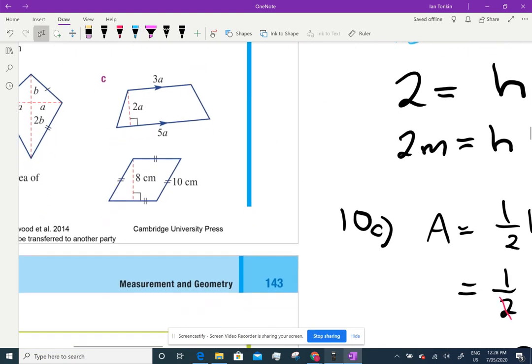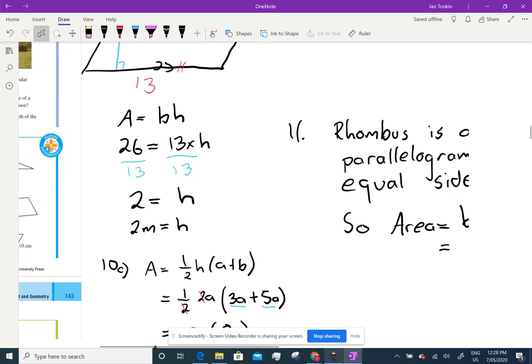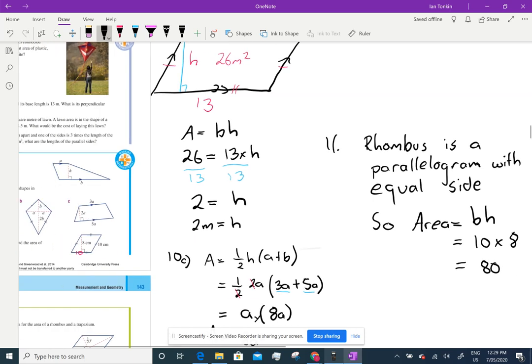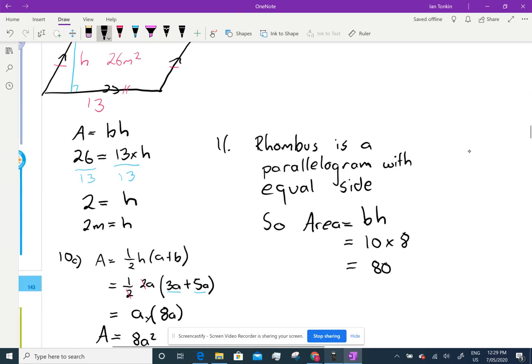Now, the height there is 8, but because it's a rhombus, I also know that down here is 10. So the base is 10. So it's 10 times 8, which is 80. What units is it in? Centimetre squares.